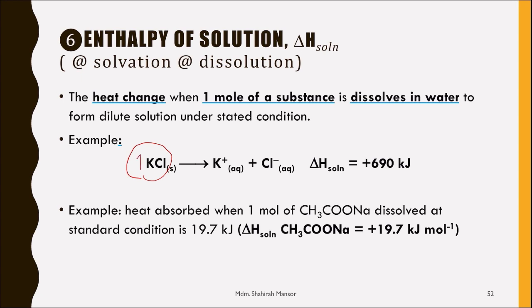When 1 mole of this reactant is dissolved in water, before that, the reactant must be in the form of a solid or crystal, meaning any ionic form of the reactant. When the ionic reactant is dissolved in water, you will get aqueous ions.